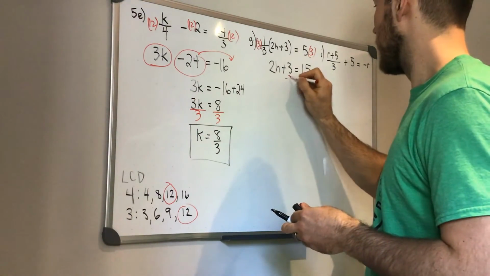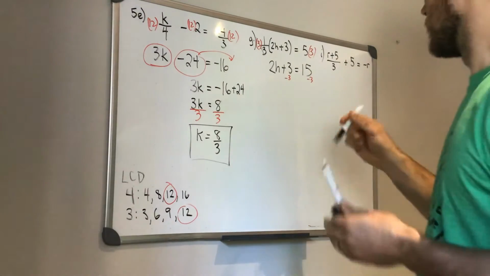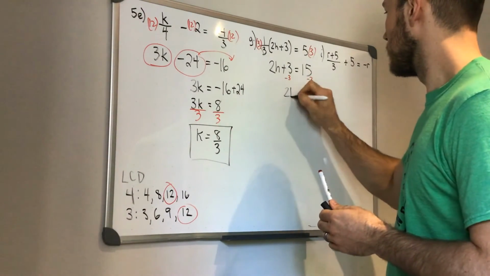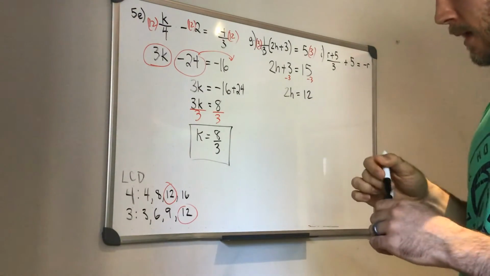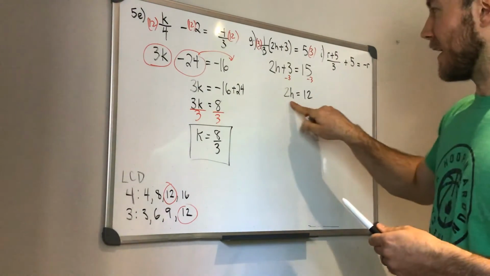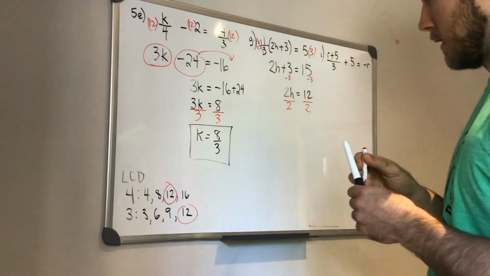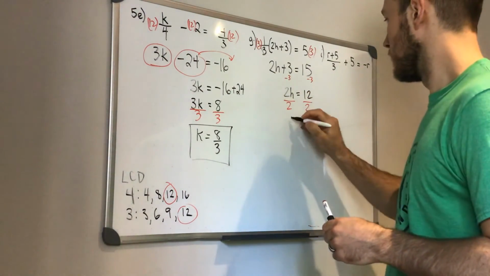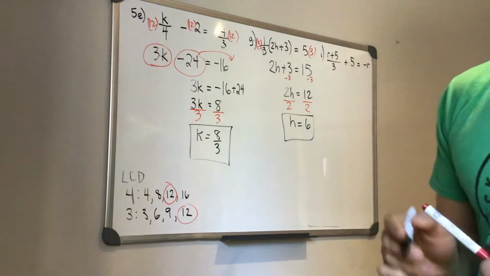Let's do it that way this time, just to show the two different ways. So that'll leave us with 2h is equal to 12. And just like last time, when I want to get rid of the number in front of the variable, I'm going to divide it out. And that leaves us with h equals 6.